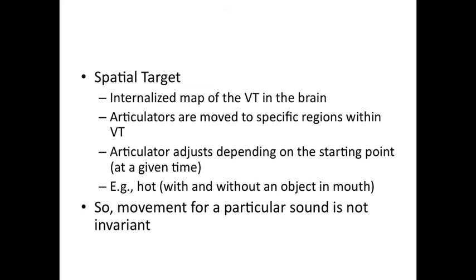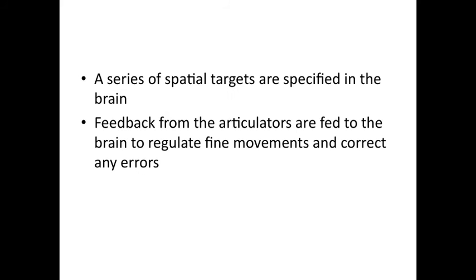And yet I'm able to get my point across to you, which means speech sounds are variable. You're able to understand what I'm trying to say, right? So I'm moving my articulators in my mouth to different spatial locations, and I get the output of what I want to get. Okay.